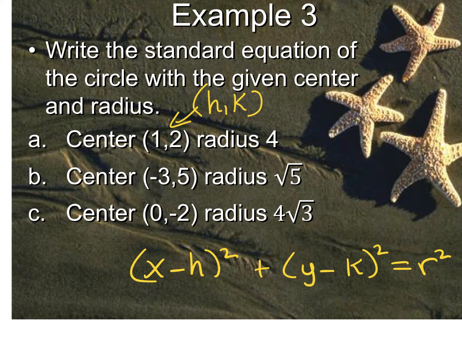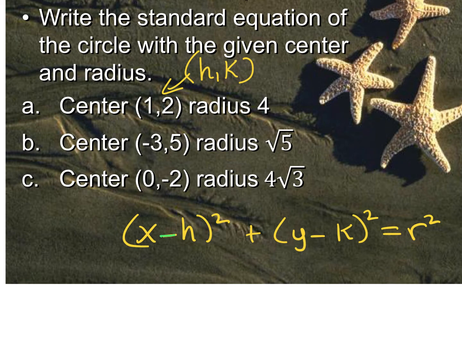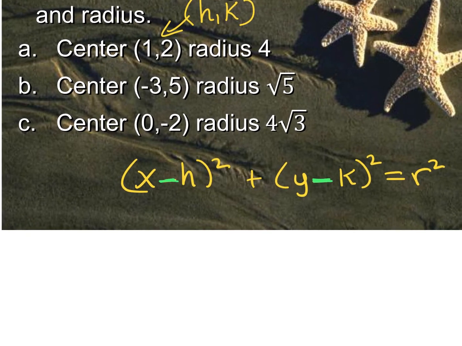Now, notice in the standard form that you're memorizing, this subtraction sign is part of the formula. So when you go to plug in a negative number, that negative coordinate, h or k, is going to turn into a plus sign. And we're going to see it when we do example B. So let's try the first one.